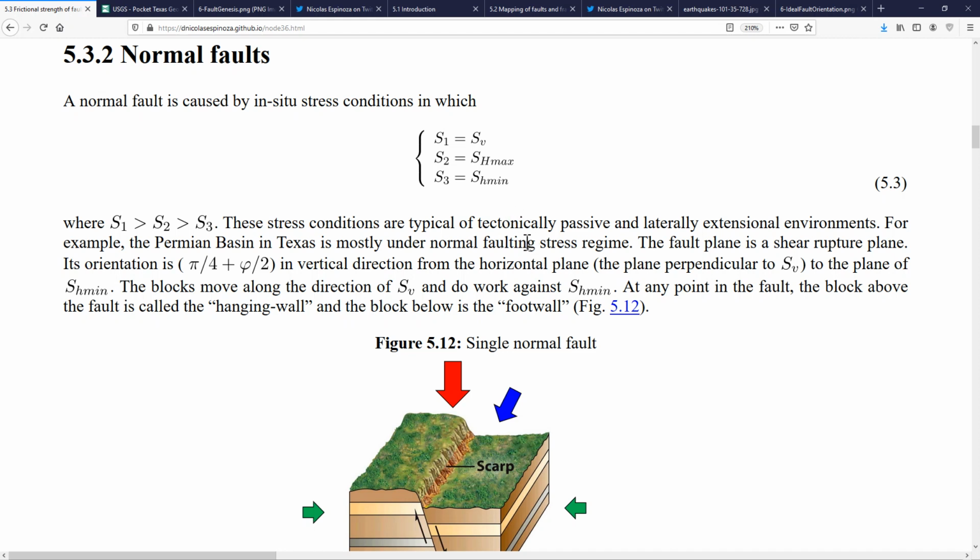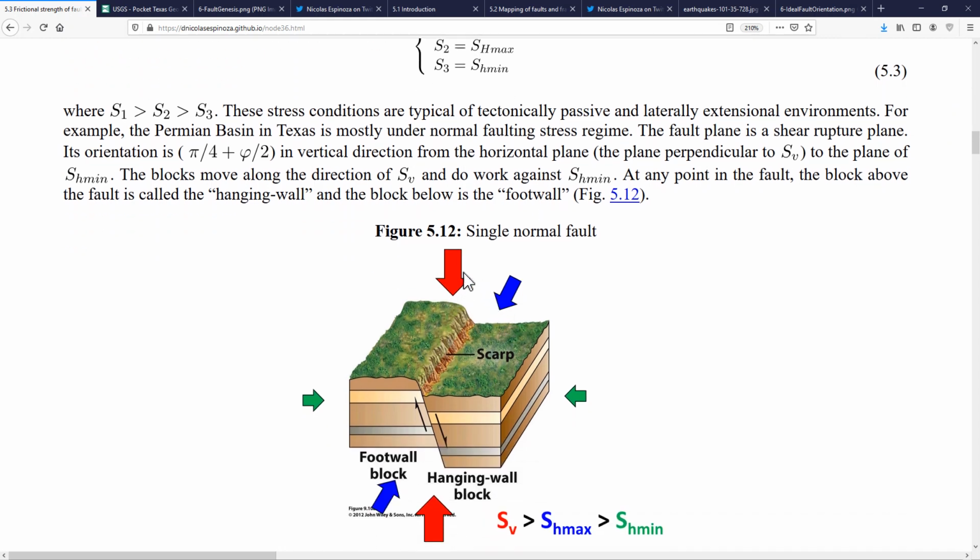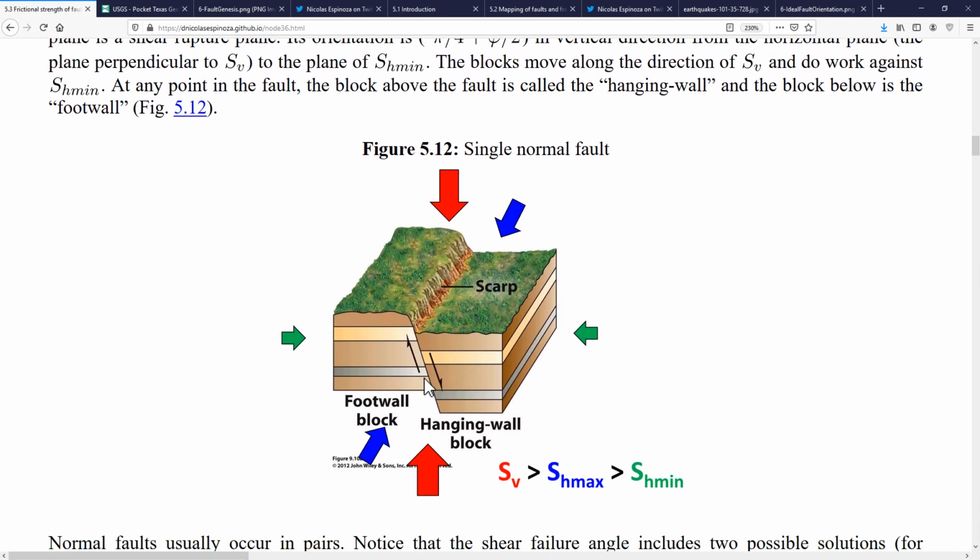In a normal fault, we have a fault that forms under conditions in which the maximum principal stress is vertical, the minimum principal stress is horizontal, and a fault would form as predicted by the shear strength theory at an angle of more or less, in this case, 60 degrees if, let's assume, the friction angle equal to 30, so 45 plus 30 divided by 2 is going to be 60.